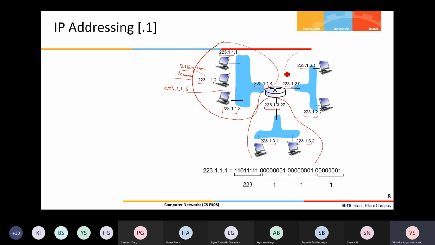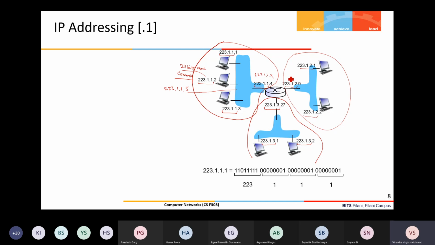Now if you want to write the prefix for this interface, what will be the common prefix for all the machines? 223.1.1, and then the fourth byte can be anything.